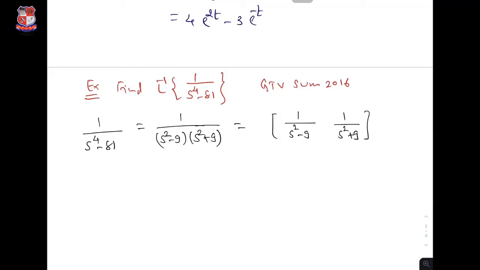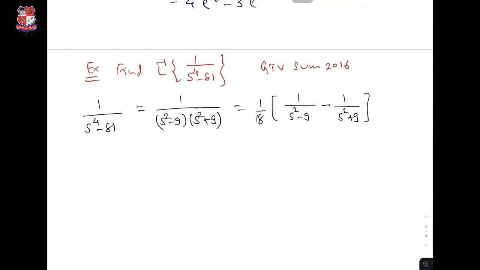Now see here, if we take the LCM, it is s square minus 9 into s square plus 9, and here we will have s square plus 9, and here we have s square minus 9. So if I write a minus sign here, then we are having s square plus 9 minus s square minus 9, s square cancels, and 9 plus 9 is 18. So we need to divide by 18. That is an easy way to balance it out.